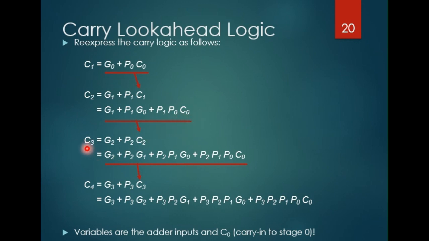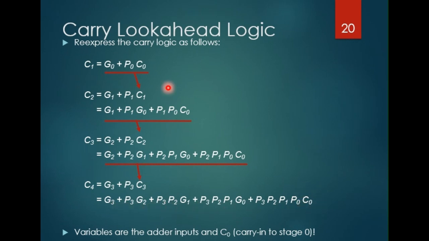Do the same for the following carry out C3, which originally depends on C2, but replace the C2 here with the Boolean expression in terms of P and G. If you write it so, then look at all the carry out Boolean expressions, you'll now see that the carry out depends on the carry generate, carry propagate, and C0 only. Look at the last carry out, C4: it is determined by P, G, and C0 only.